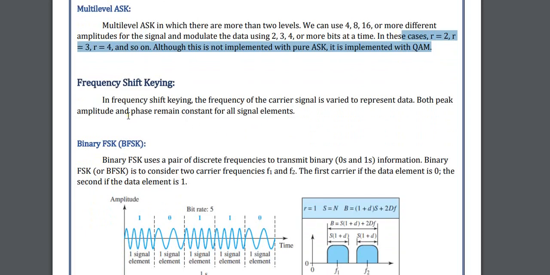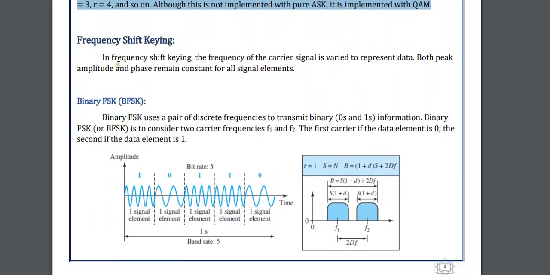Now the frequency shift keying, which is FSK. Frequency shift keying depends on the frequency, where the carrier signal is varied to represent data, while peak amplitude and phase remain constant for all signal elements.